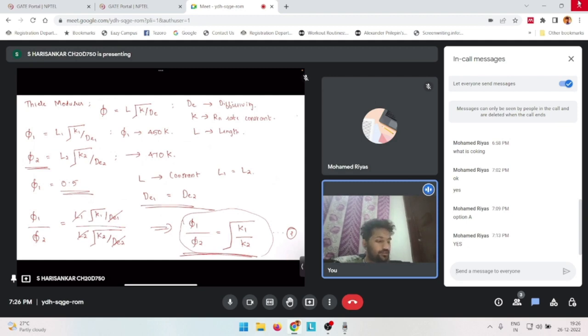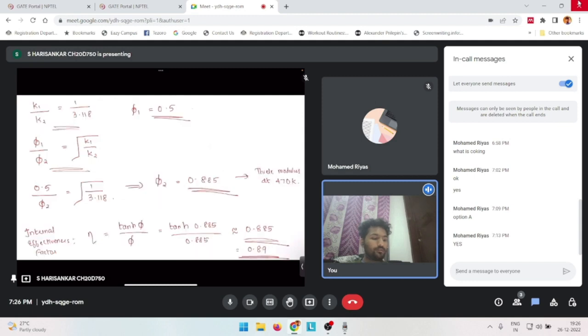Also, they have given us the value of phi1 as 0.5, and we also have the value of K1 by K2 as 1 by 3.118. So just substitute all these values in equation 2, and we'll get the Thiele modulus phi2 at 470 Kelvin, which will come to approximately 0.885.